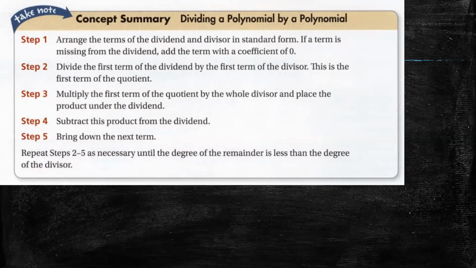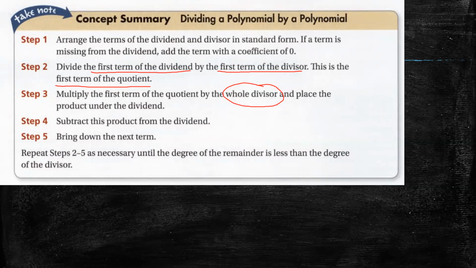After that, multiply the first term of the quotient by the whole divisor, as I told you, and place the product under the dividend.